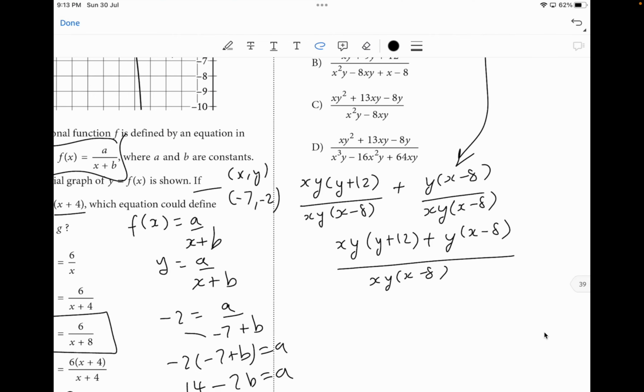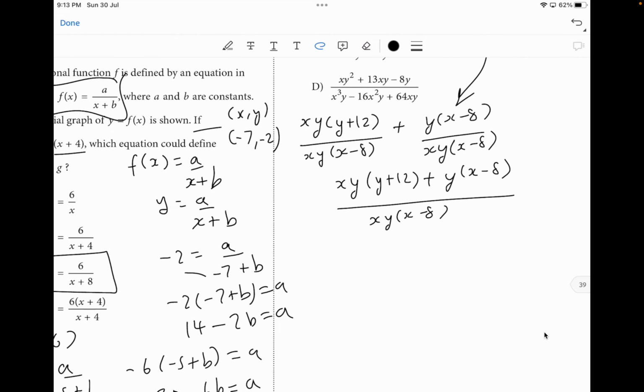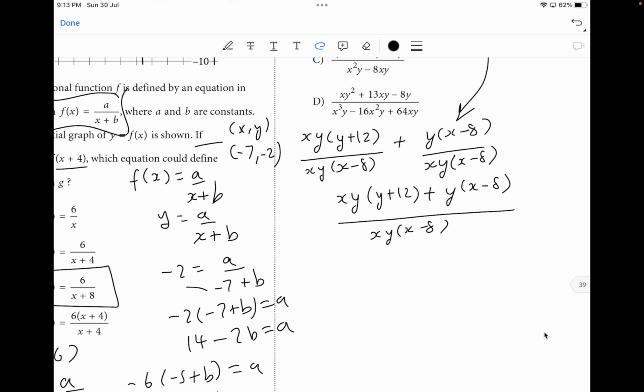Okay, and now all you need to do is combine the like terms in the numerator and expand this out. So when we expand this out, it's just going to become xy squared plus 12xy plus xy minus 8y divided by x squared y minus 8xy.